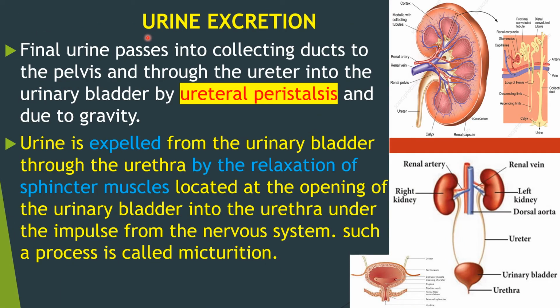The next important topic we have to remember is urine excretion. How will it happen? Final urine passes into the collecting duct. Here you can see the distal convoluted tubule, where urine formation occurs.